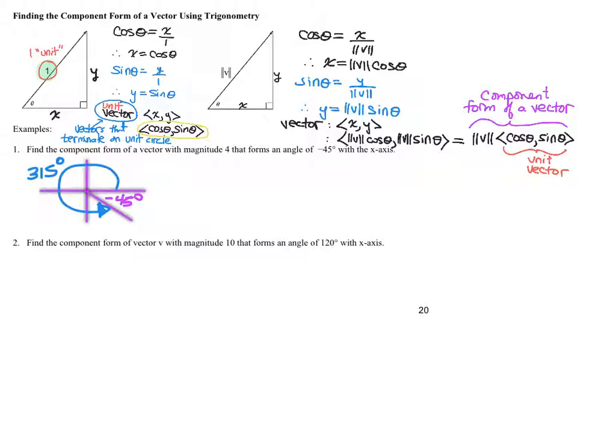But most people, when they think in terms of unit circle stuff, they're comfortable with 0 to 360. You throw in a negative angle, and sometimes it throws people for a loop. All right. So we have the magnitude of 4. So we're looking at 4 times cosine 315 comma sine of 315.